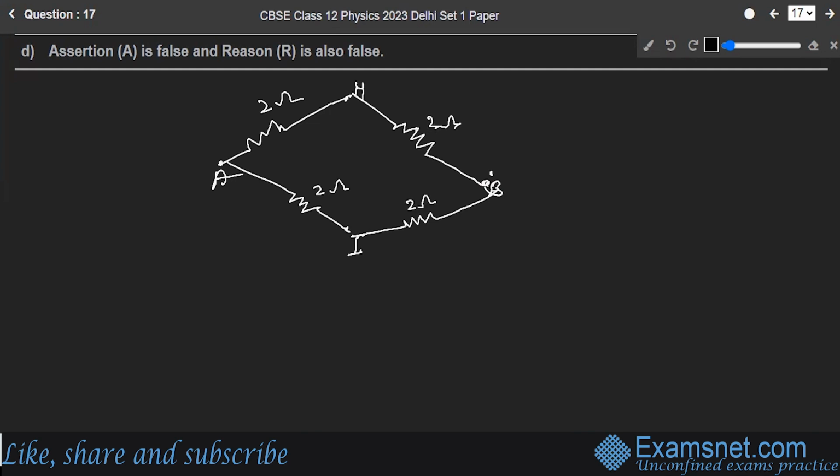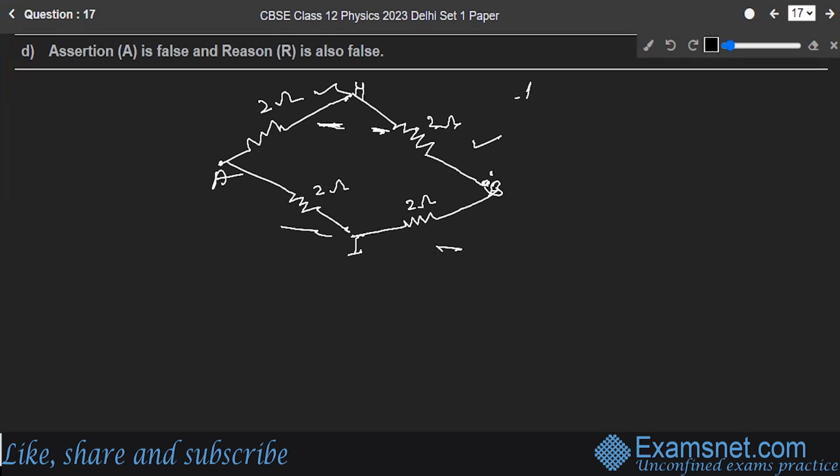Right. So now for the equivalent resistance, these two are connected in series, not in parallel. This one and this resistor are connected in series. Similarly, this and this resistor are connected in series.